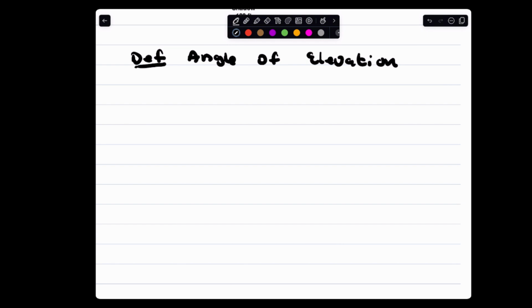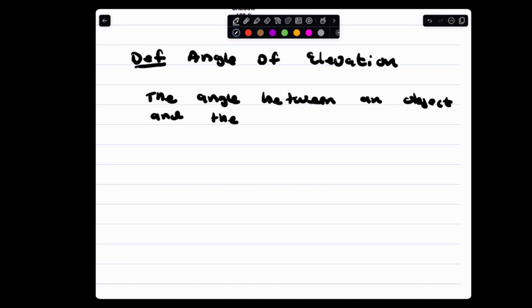Here's the deal. Let me draw a picture. I'm going to say this is defined to be the angle between an object and the horizontal.